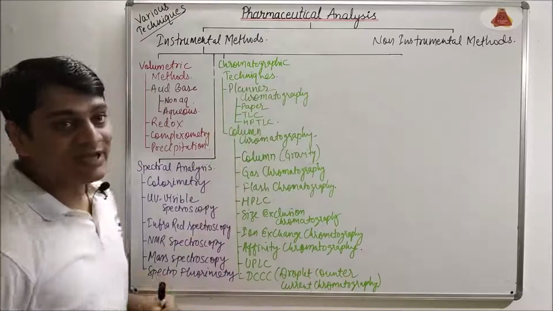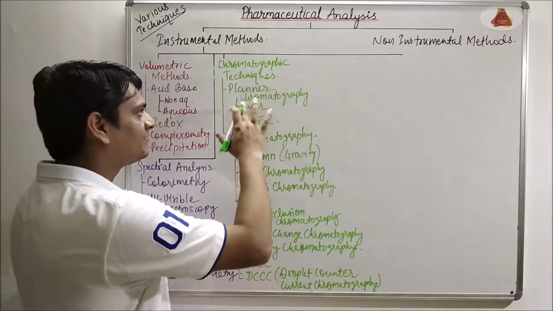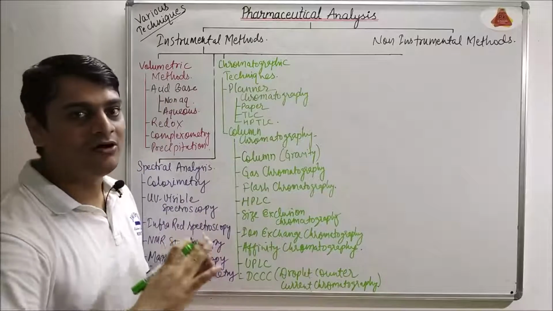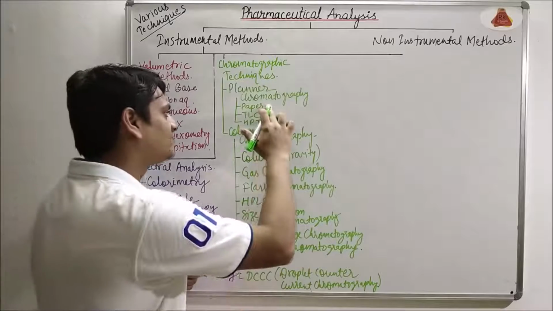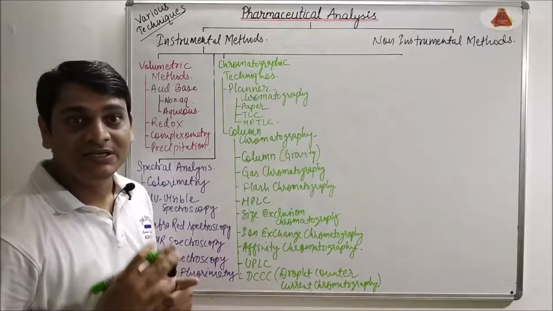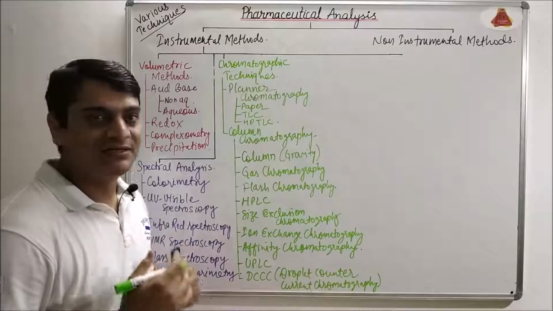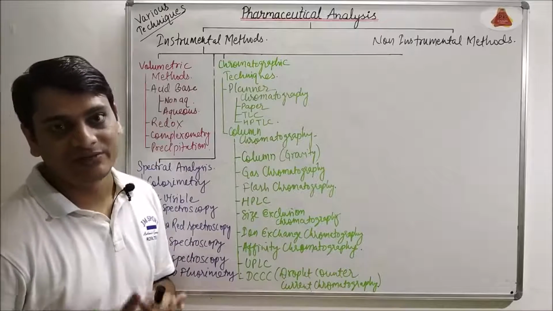So these are the different types of chromatographic techniques. First one is planar chromatography, means it will be carried out on a plane surface. First one is paper chromatography. It will be carried out on paper, and the paper is made up of alpha cellulose, and it is generally used for separation of amino acids.